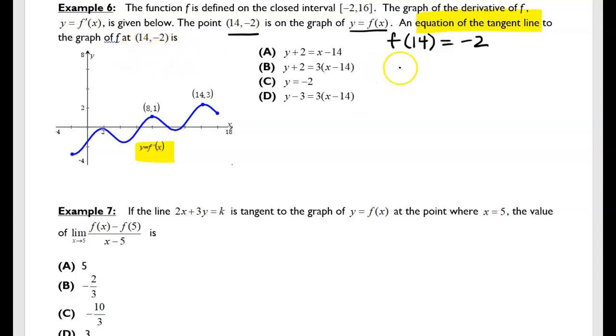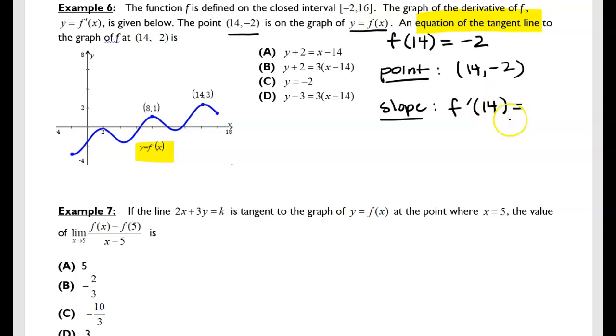So remember that I need to have a point and a slope in order to find the equation of my tangent line. So the point was already given to me, (14, -2). To find the slope, I need to find the derivative at that x value. So I need to find f prime of 14. In order to find f prime of 14, I'm looking at the graph of f prime.